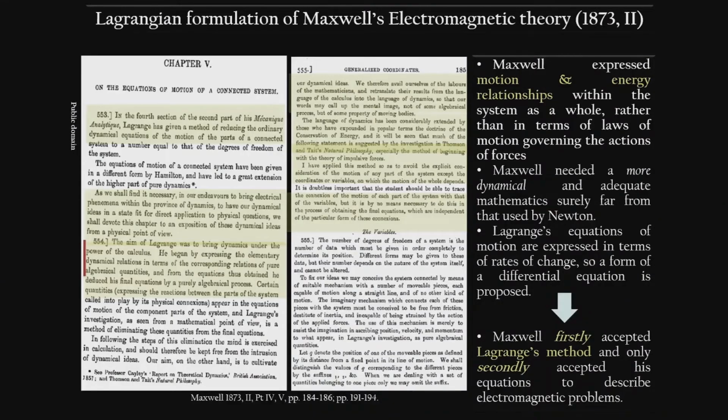So Maxwell expressed motion and energy relation within the system, and before that he stated the aim of Lagrange. Now there is a lot of writing about Maxwell and Lagrange. He did not want to say to the reader, this is the Lagrange formulation that is applied to arrive at this.